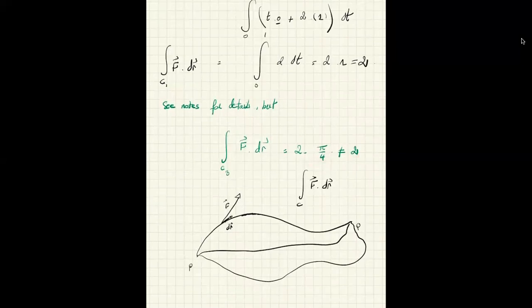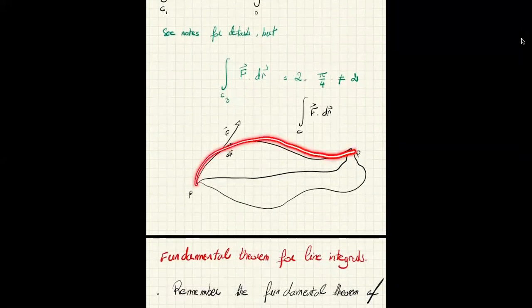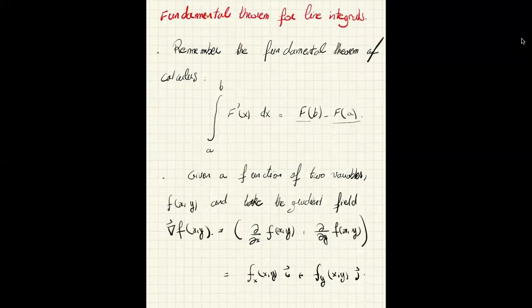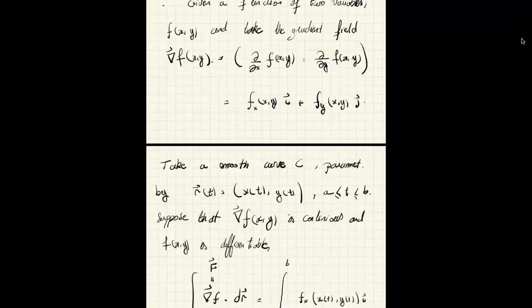And of course, minus pi/2 is not 0. So we realized that the work done by a vector field depends on the path you take from a point to another one. And then we talked about the fundamental theorem of line integrals.